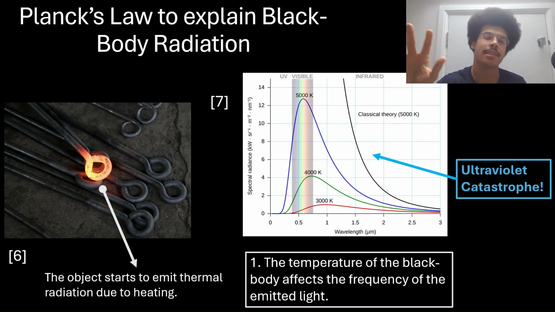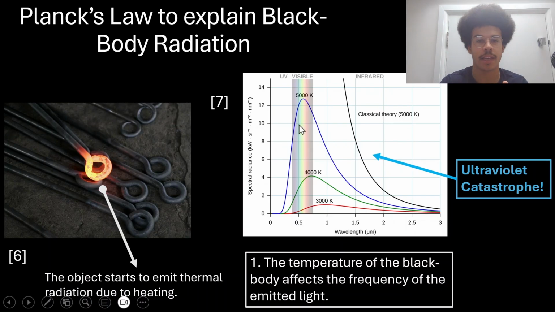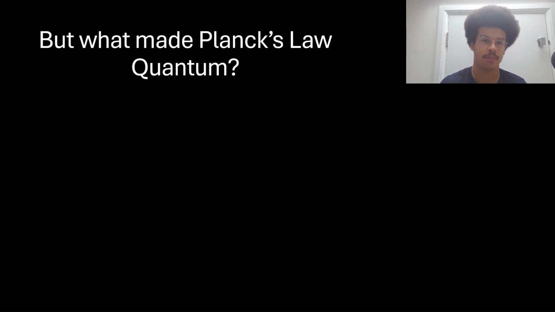So we will mainly see that color. At 5,000 Kelvin, for example, we'll mainly see yellow. We might see a bit of green, and as we get hotter, we might enter the blue, and other colors. We have a lot of colors here, so it's most likely to look like a combination, maybe starting to get towards white, etc. But that is the theory. And what made this theory quantum?